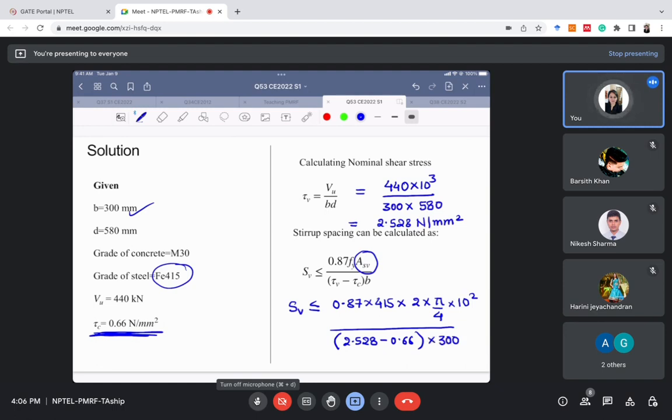Can you quickly calculate this for me and give the value of Sv?